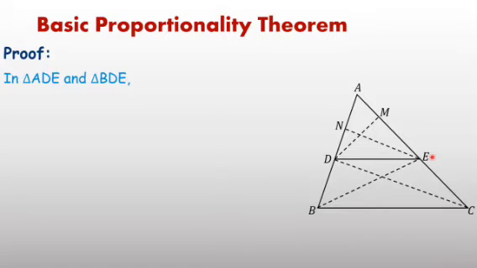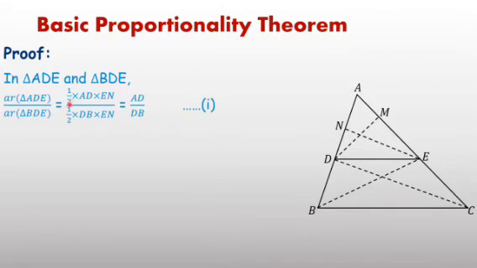Then we have to find the ratio of areas of these two triangles. Area of ADE upon area of BDE we can write as half base into perpendicular. Half base means AD, perpendicular is EN, upon half base DB, perpendicular EN. Half and EN cancel out, remaining part is AD upon DB. Area of ADE upon area of BDE equals AD upon DB, equation first.